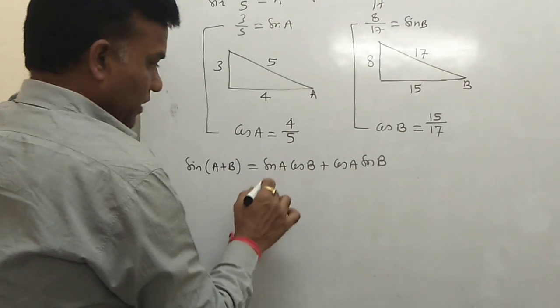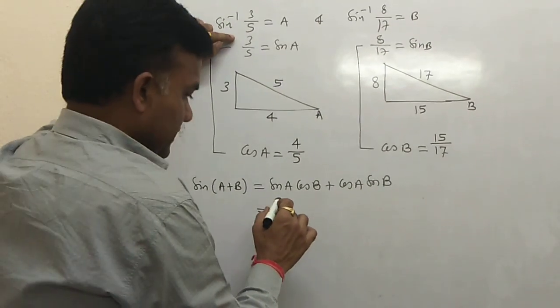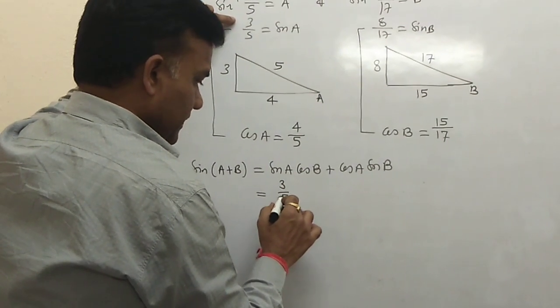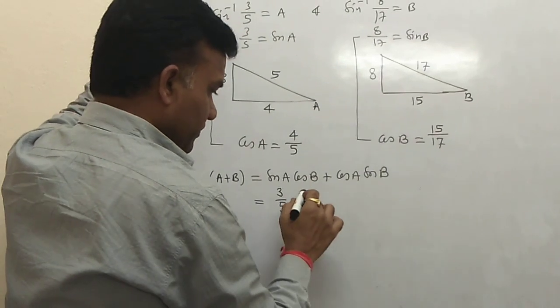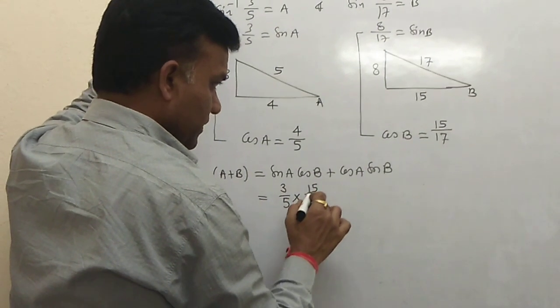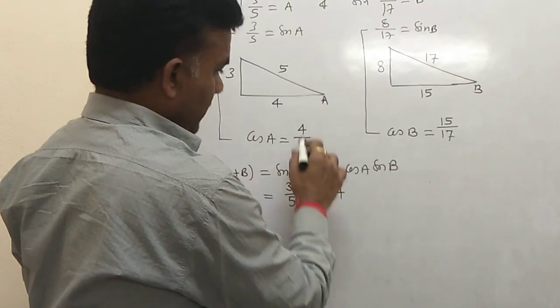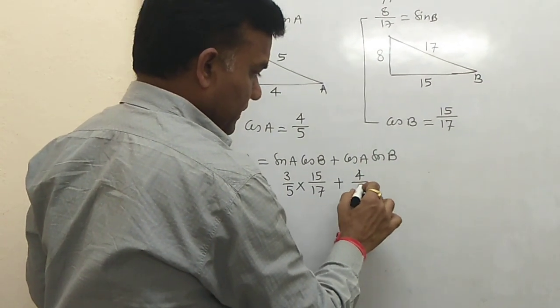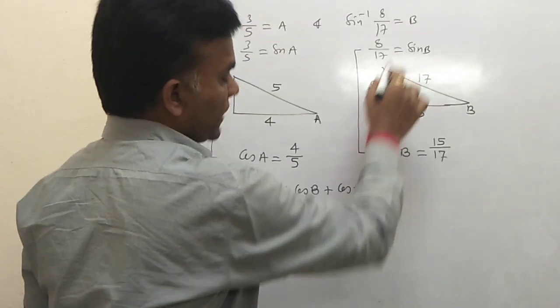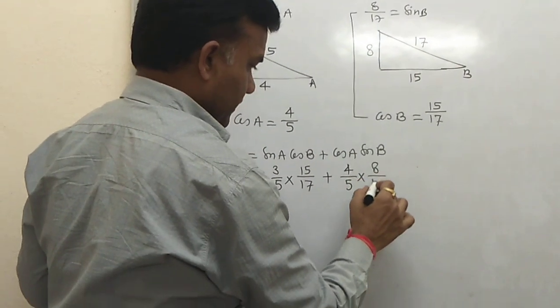Okay, then you put the value of sin A. Sin A is 3 by 5. Cos B, we know, is 15 by 17. Plus sign, so you put plus cos A, which is 4 by 5. And sin B, we know, is 8 by 17.